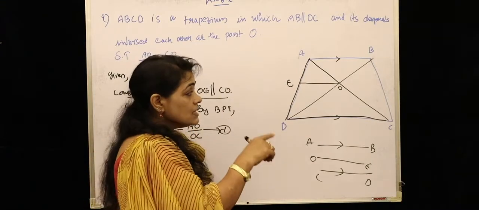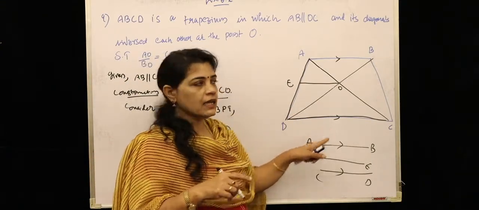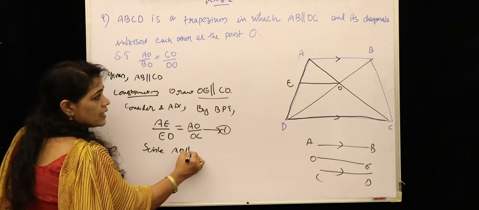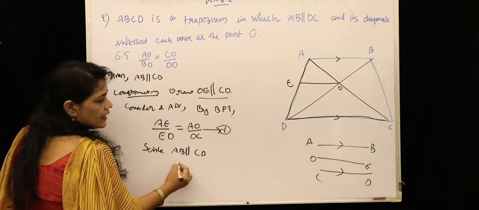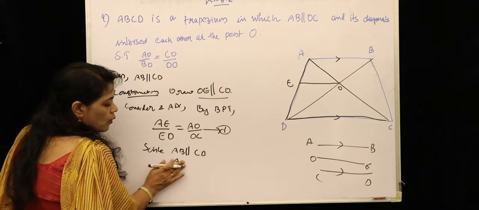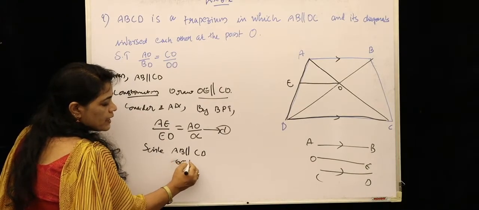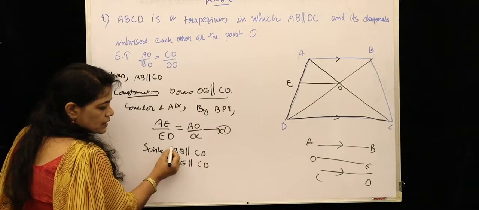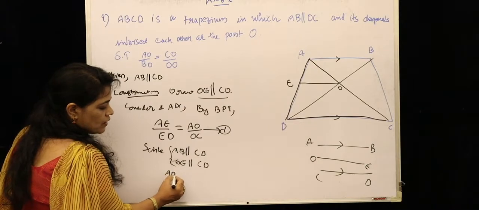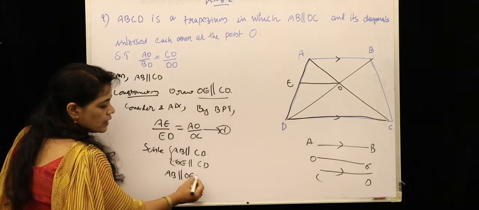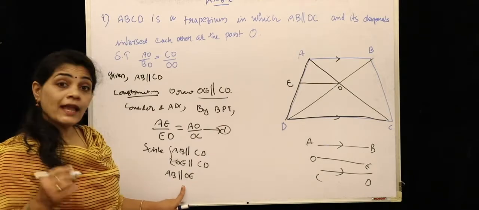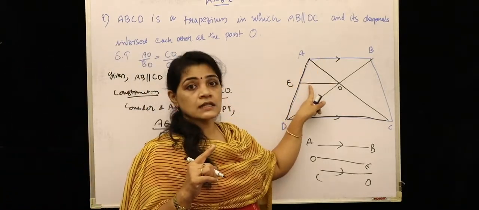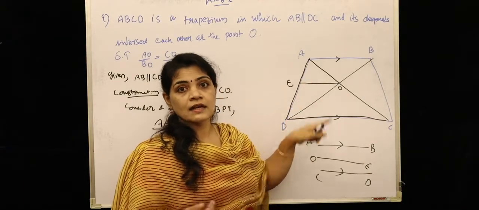Understood? So AB is parallel to OE. These two lines are parallel.